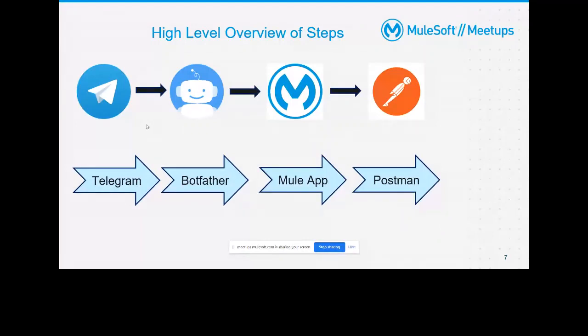Then we will be creating a Mule application using the Telegram connector. We will be performing a number of operations that are available with the Telegram connector, and once we complete our Mule application, we will be testing it using the Postman tool. So this is all about the high level overview of the steps.